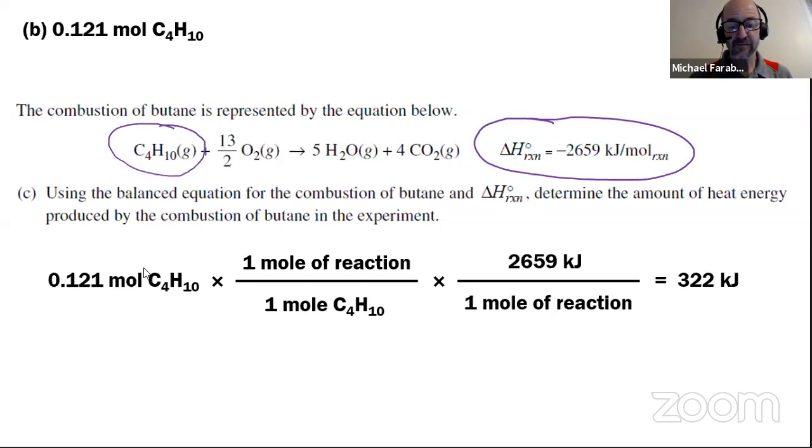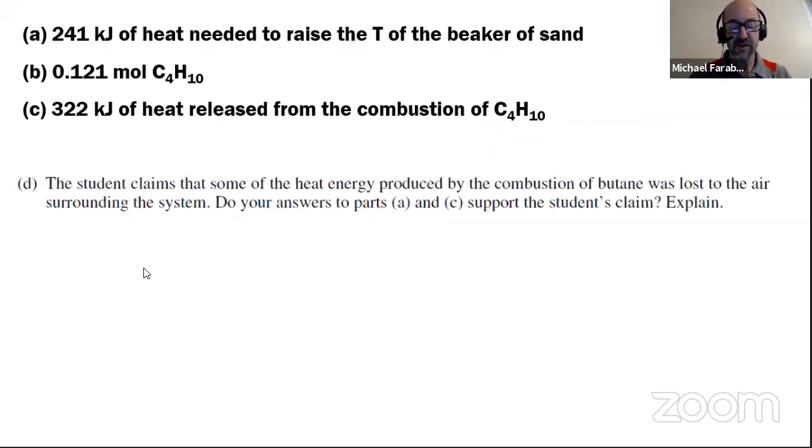Now let's compare our answer to part A, which was 241 kilojoules. That's how much heat was needed to raise the temperature of the beaker of sand. And then based on our recent calculation, 322 kilojoules of heat was actually released during the combustion.